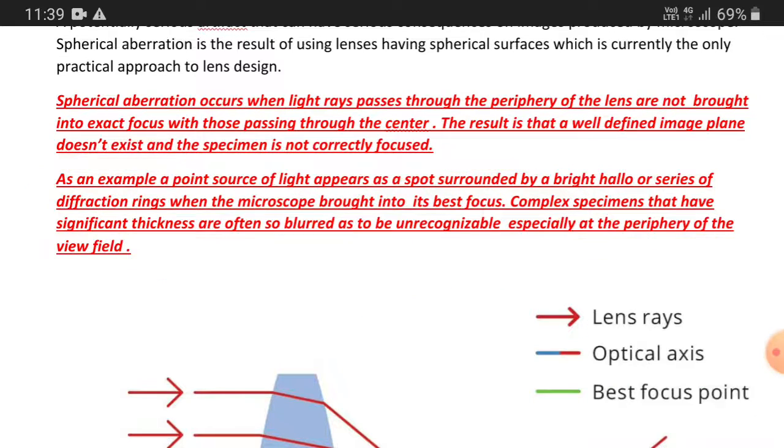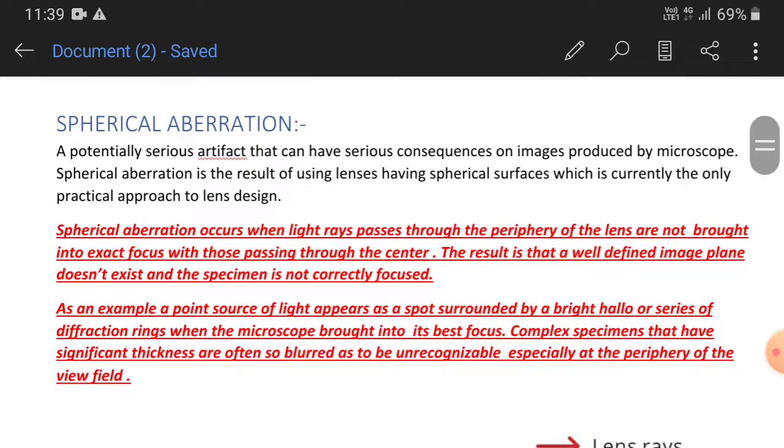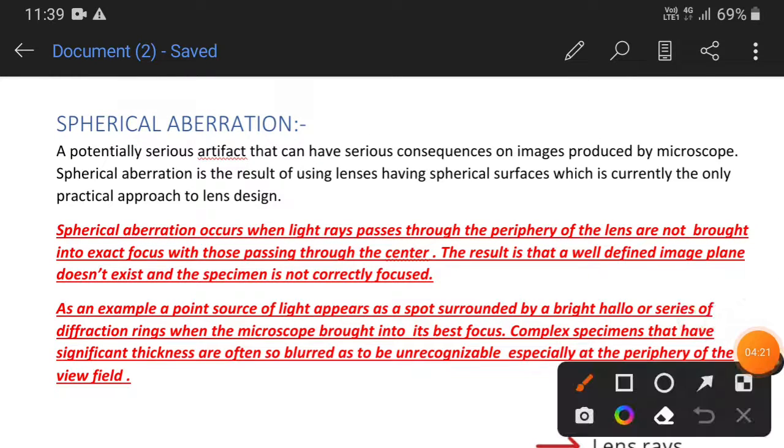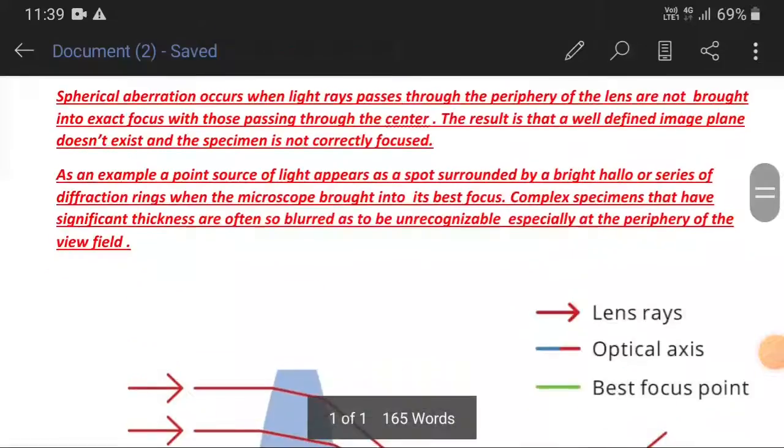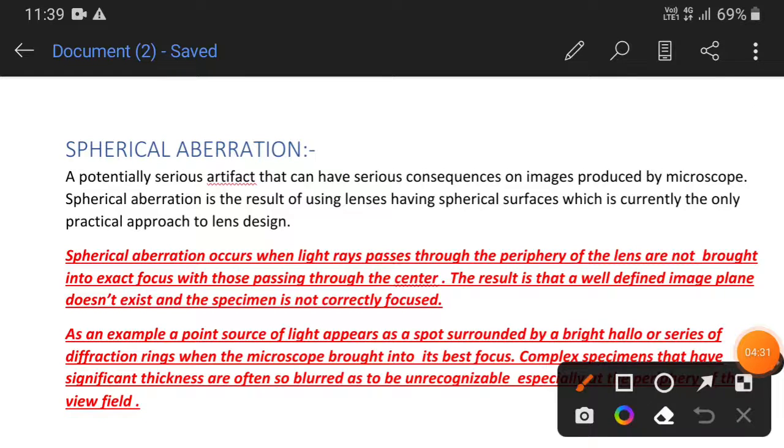So spherical aberration leads to a blurred image, especially at the periphery of the view field, and this is due to the spherical surface of the lens, due to which a well defined image plane does not exist.